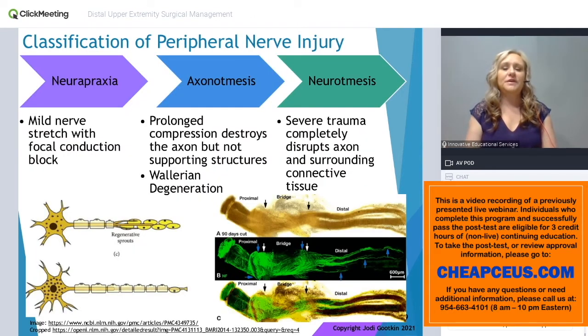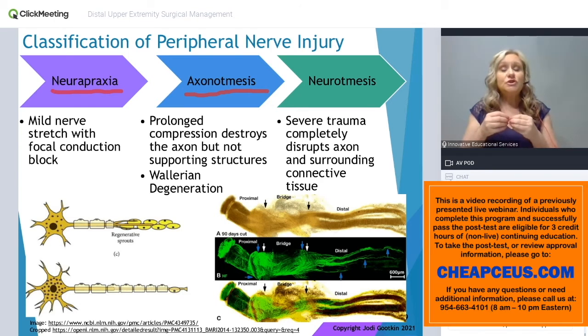Depending on the specific nerve injury, we fall into our different classifications. Neuropraxia tends to be more mild, where there is a stretch to that nerve. The axon is going to remain intact, and it could also be a compressive pathology. Axonotmesis is more involved, where there's more compression along that nerve or a greater stretch that is going to exceed the elastic limits.